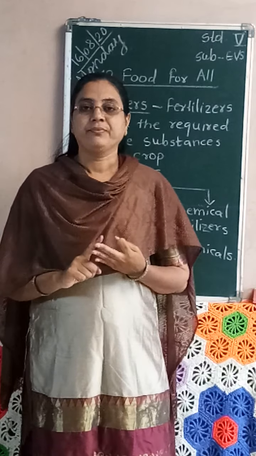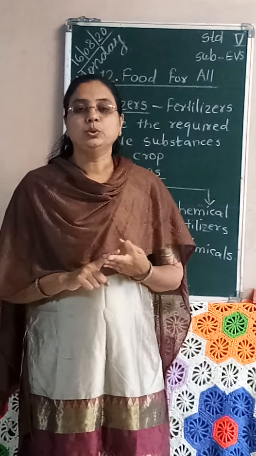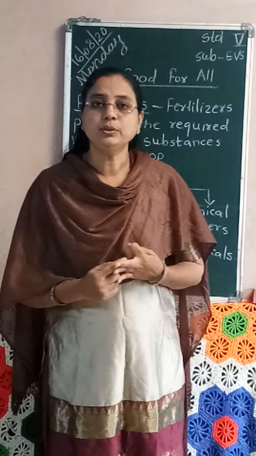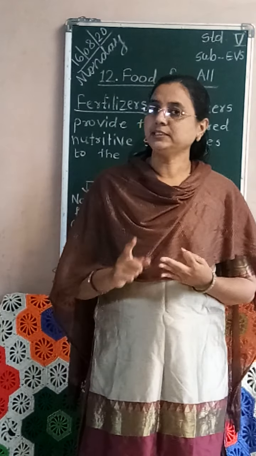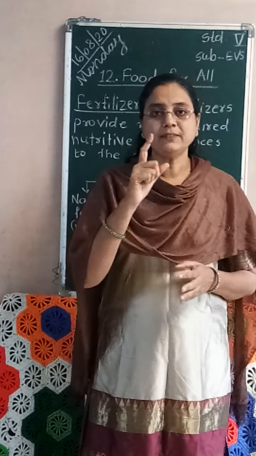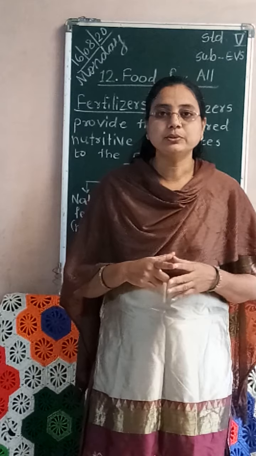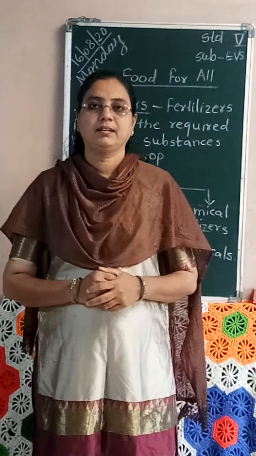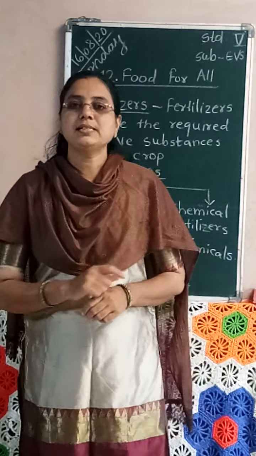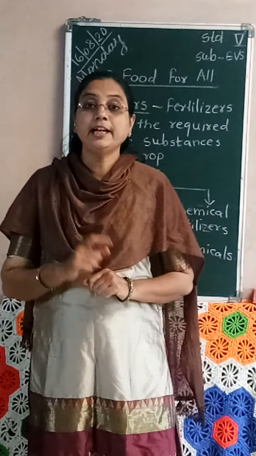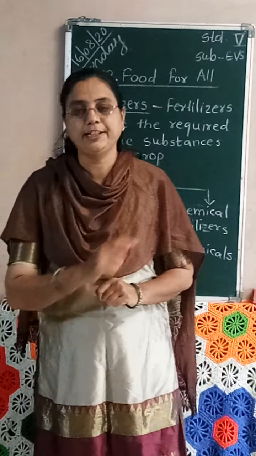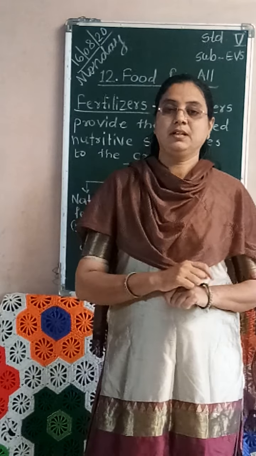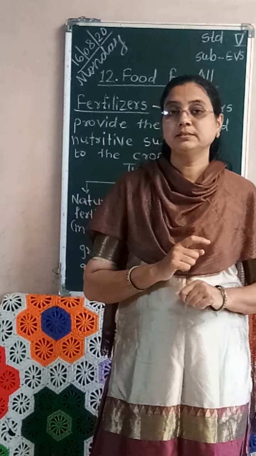Now today, I am going to teach you a new concept related to agriculture, that is fertilizer. In the fertilizer lesson, what do we want to study? Let's discuss that. If the same crops are grown repeatedly in the field, then it decreases the fertility of the soil. Fertility means what?